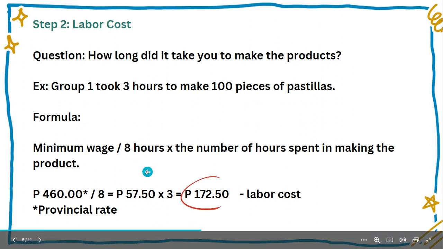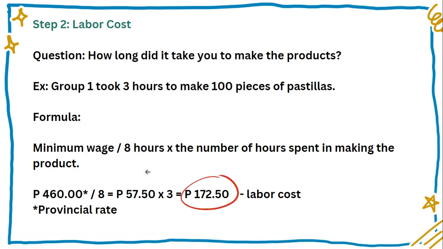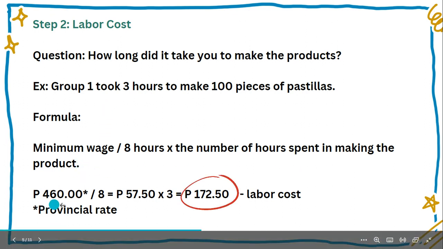Divided by 8 hours, bakit po 8 hours? Because that is the average time that an employee is rendering at work. Alright? Multiply by the number of hours spent in making the product. So we're just going to write 160 divided by 8 hours. That is 57 pesos and 50 centavos.